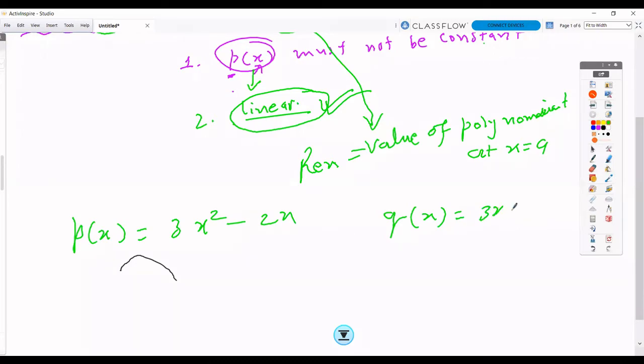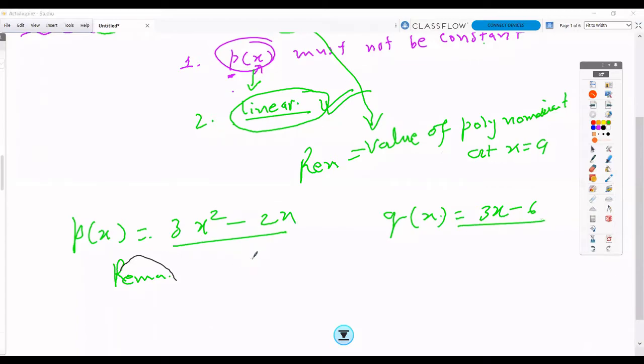So suppose I take 3x minus 6. I want to divide this by this, and I am interested only in the remainder, not anything apart from that. What is the remainder when I divide this by this?